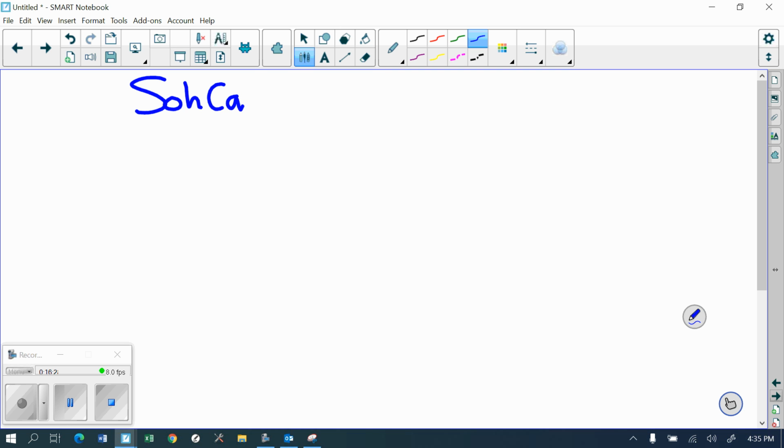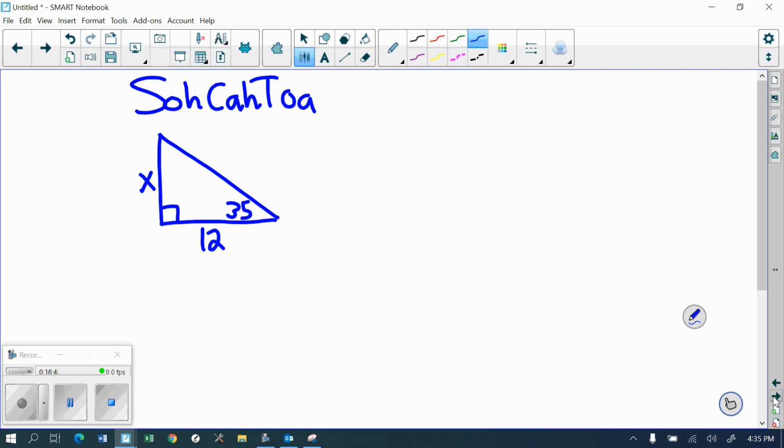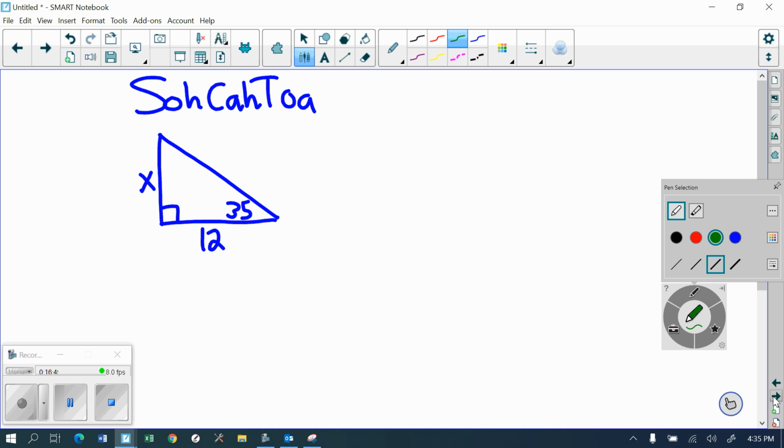is it could ask for a side length. It gives you an angle measure and one side length and asks you to find one of the others. So say this tells me this is 35 degrees, and they tell me this is 12. Find that side length. Okay. I'll first identify what each piece is.